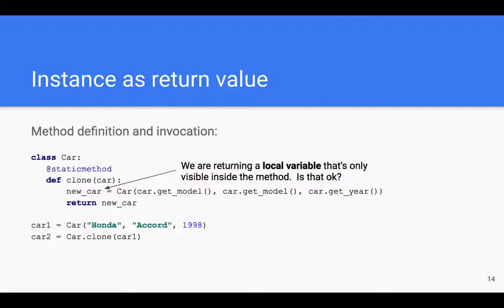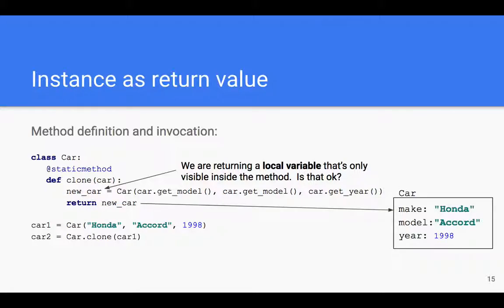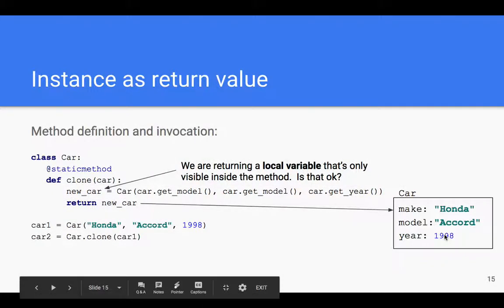Well, let's take a look at what really happened in these few lines of code. New car is a name, or an identifier, that references a car object.